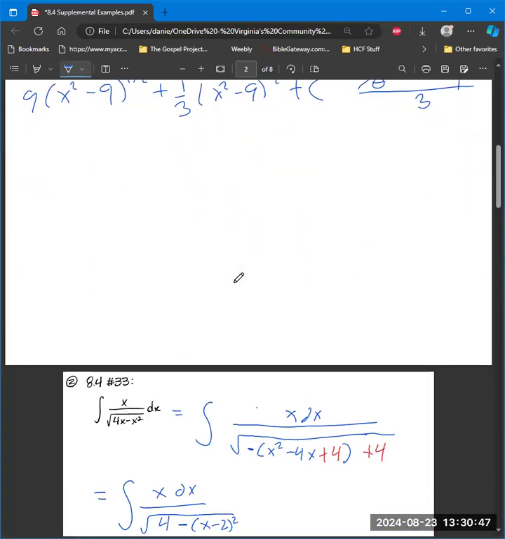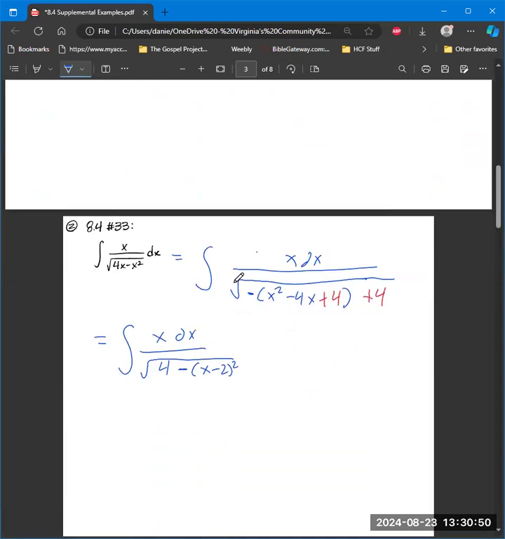This is where we're going to get u is equal to a sine of theta.